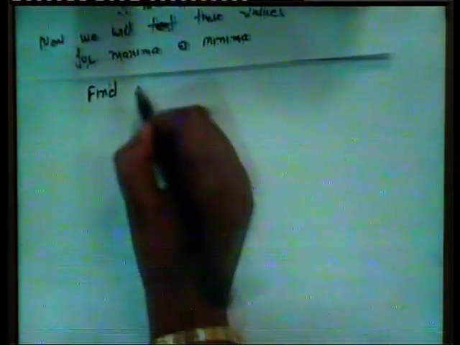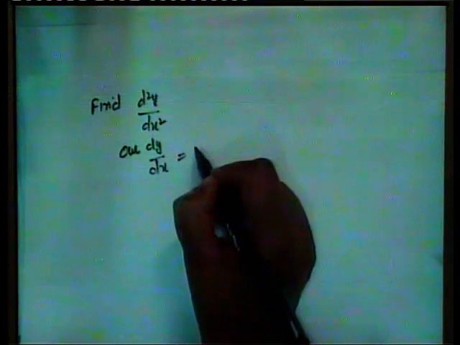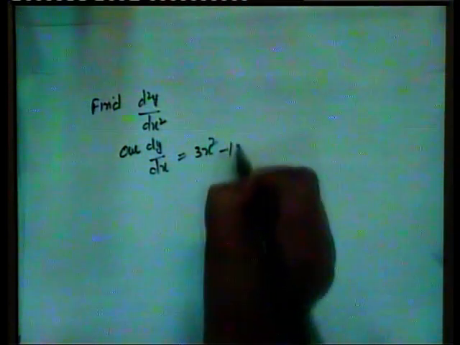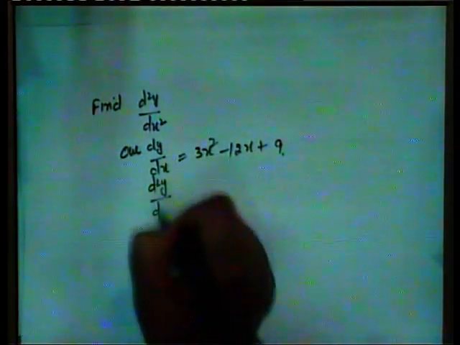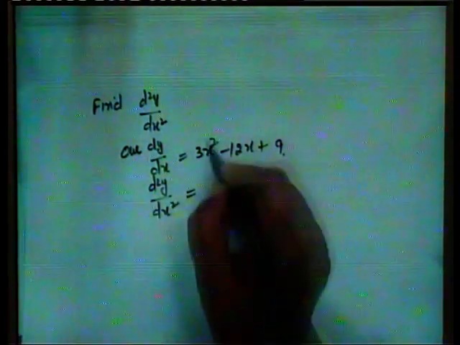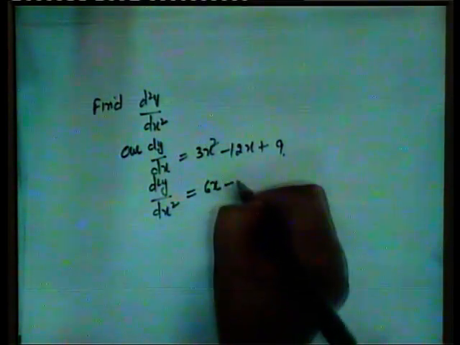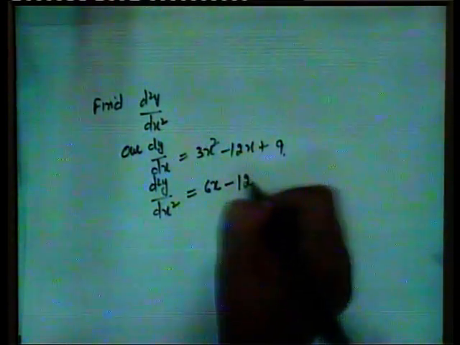For this, find d2y by dx square. Our dy by dx is 3x square minus 12x plus 9. Now, d2y by dx square, again differentiating, it is 6x minus 12.